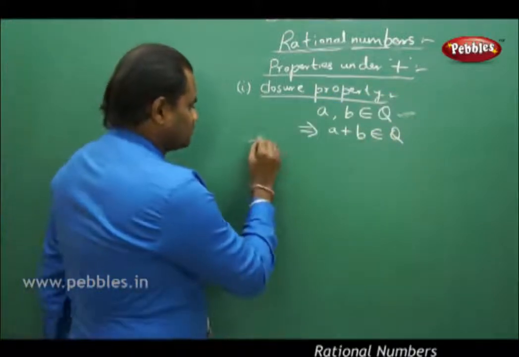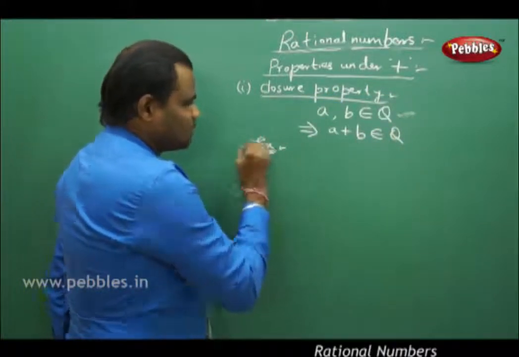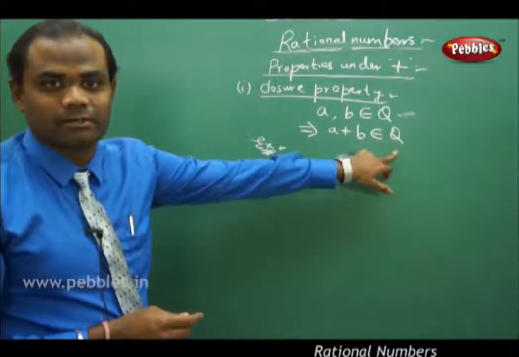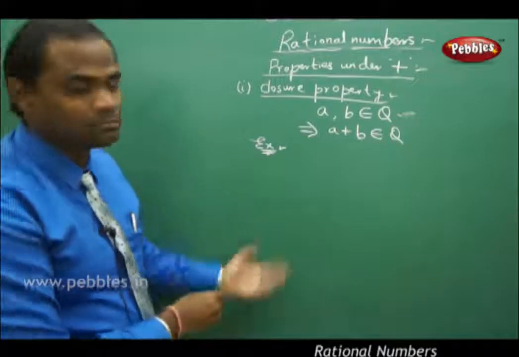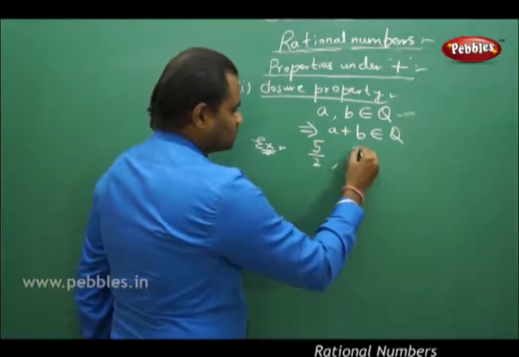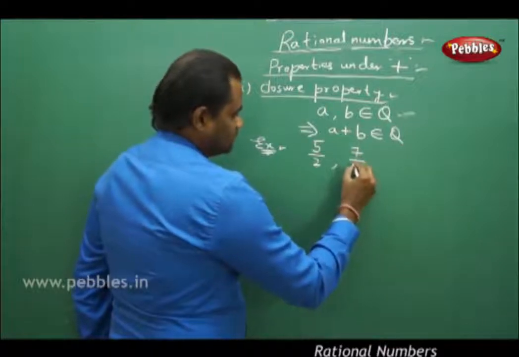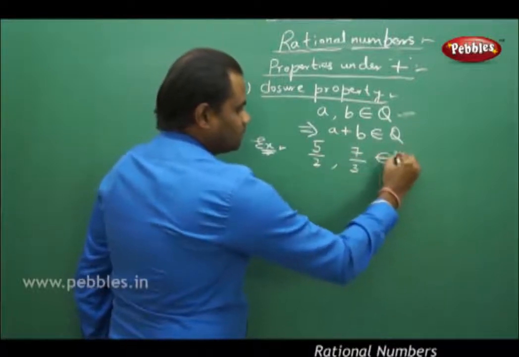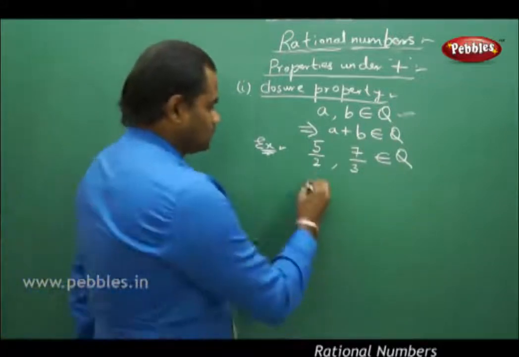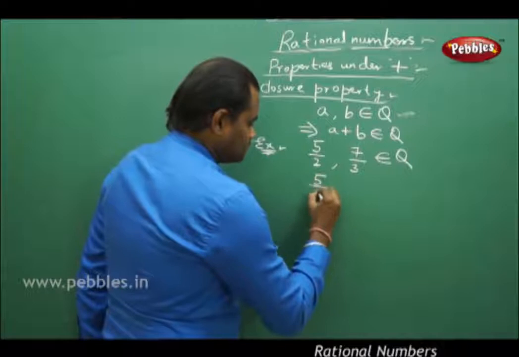You can verify this by taking two different rational numbers and checking whether the addition is also a rational number. So let's cross-check with an example. Let me take two rational numbers, 5 by 2 and 7 by 3. We all know that these two are rational numbers written in the form p by q. Now let me add them.